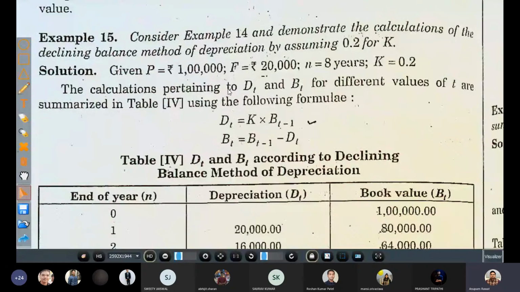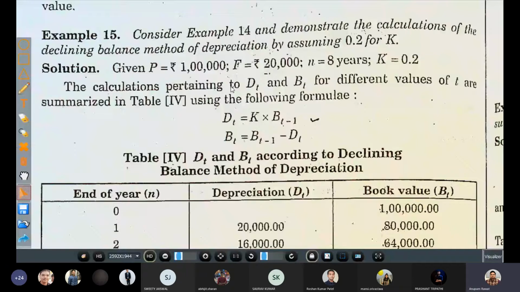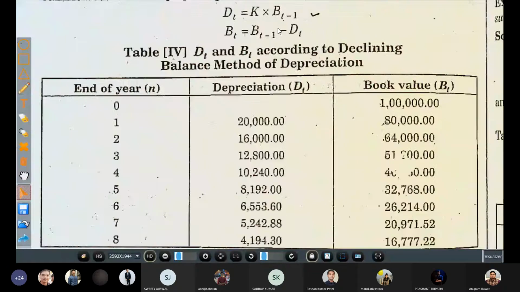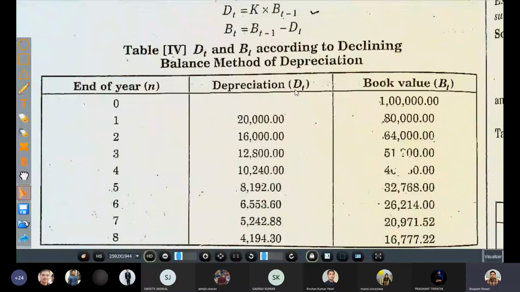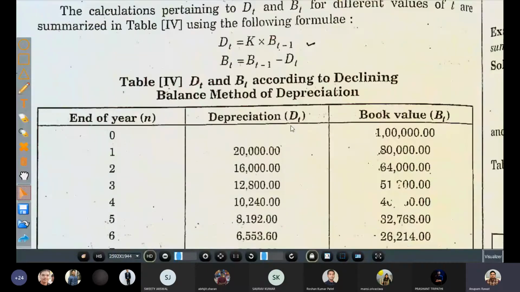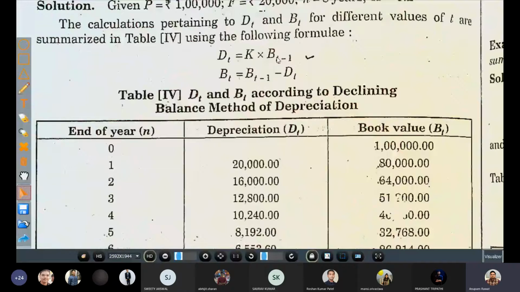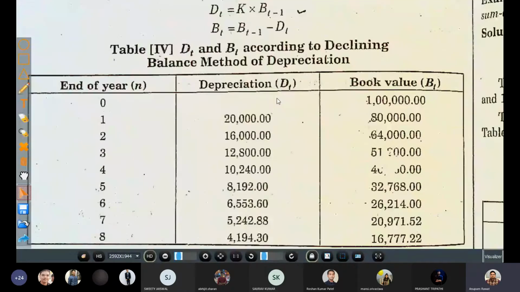With the help of this we can create a table. At the initial year the book value is 1 lakh rupees. At the end of the first year, DT is obtained by K into BT minus 1. K is 0.2 and BT minus 1 is 1 lakh rupees, so that will be 20,000, which will be depreciated from the book value.